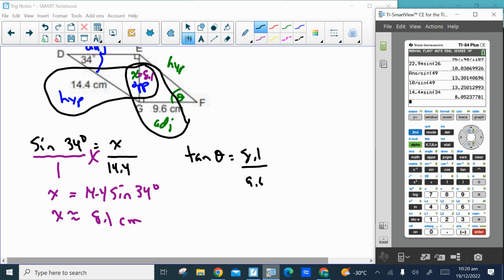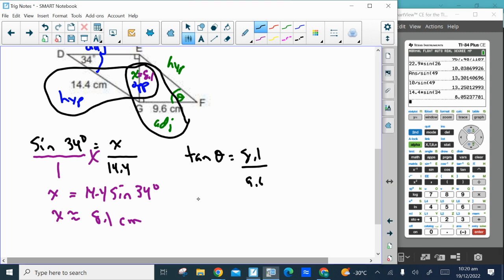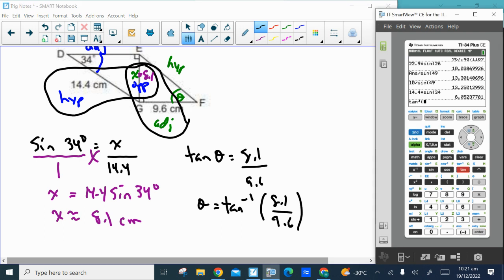And so as we've seen, if we want to find out what theta is, it's found by going tan to the negative 1 of 8.1 over 9.6. On most calculators, that's using second function tan. And again, I'm going to keep the entire decimal in my calculator.